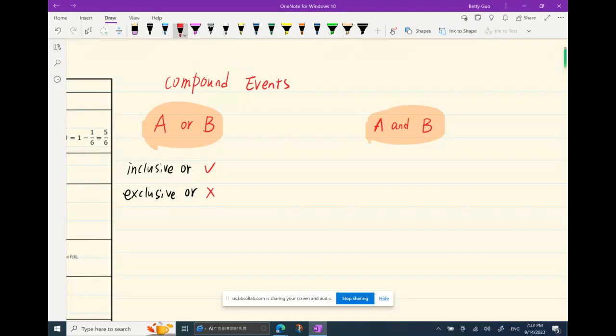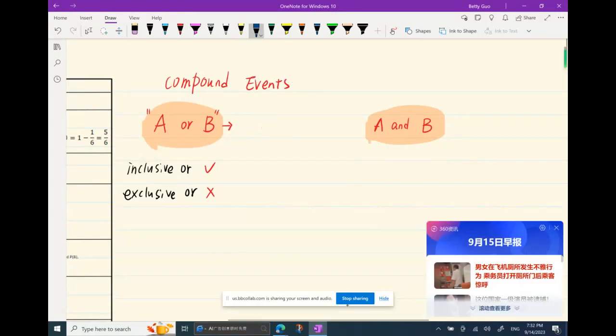A or B refers to the result of a procedure in which A occurs, or B occurs, or A and B both occur.